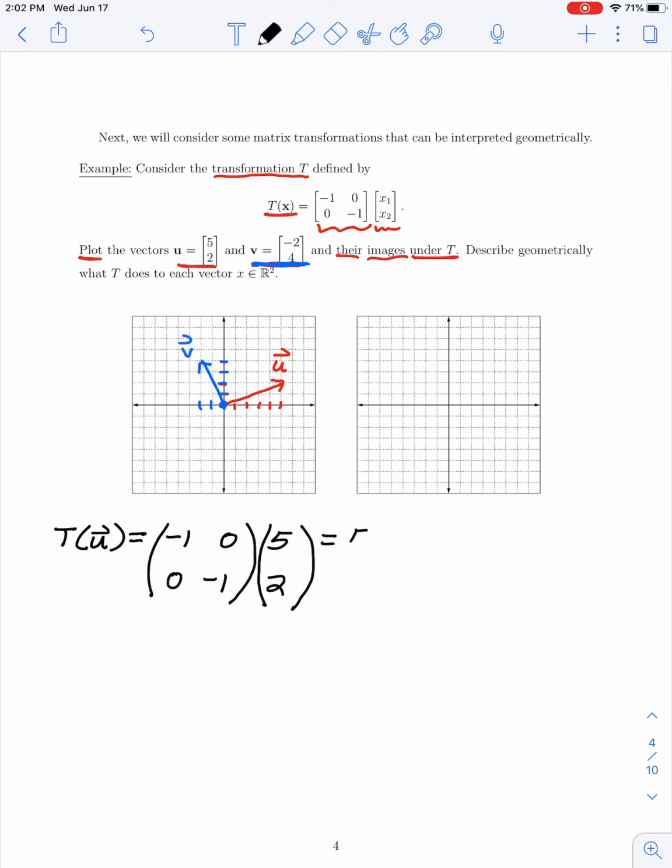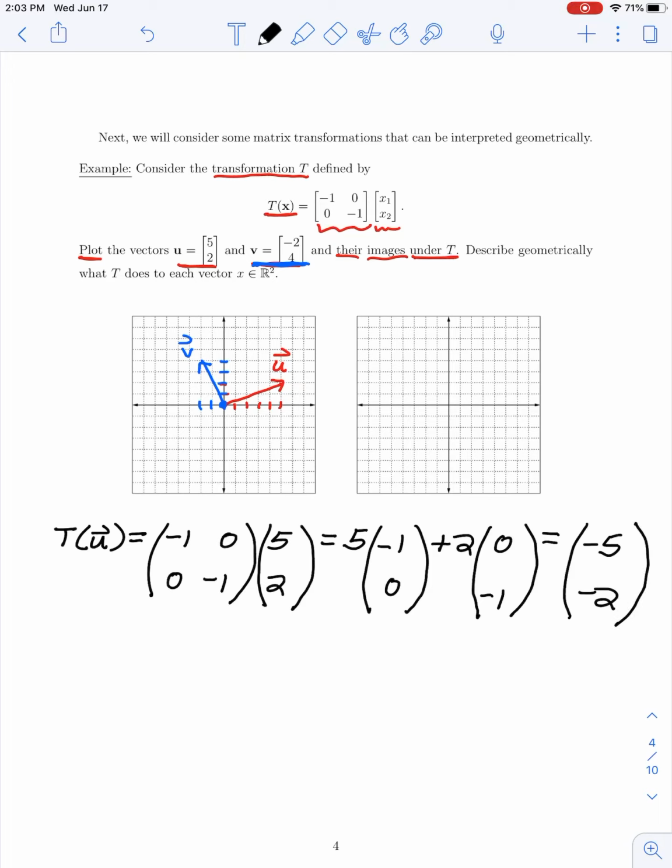So we have the first entry of the vector u, which was 5, times the vector -1, 0, plus the second entry of u, which was 2, times 0, -1, which leaves us with a first component of -5 and a second component of -2.